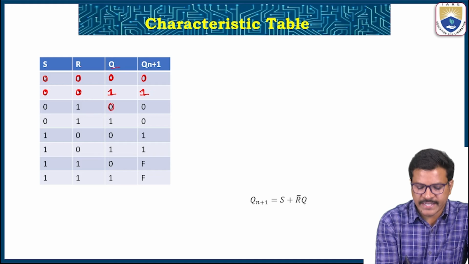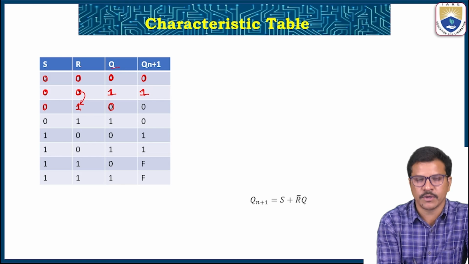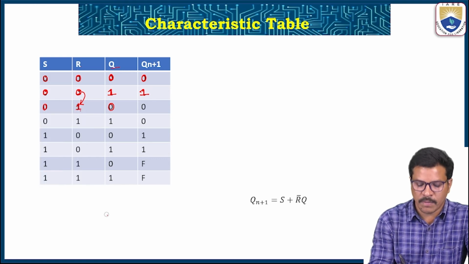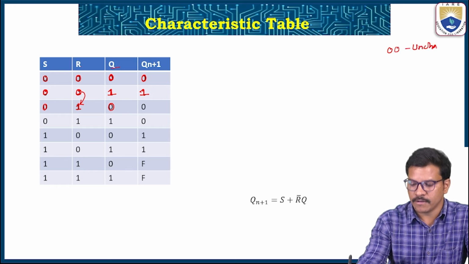If the present state is 0 and I apply S is equal to 0, R is equal to 1, remember: 0 0 unchanged or memory, 0 1 reset, 1 0 set, 1 1 forbidden.